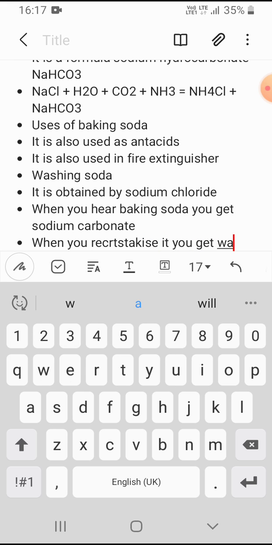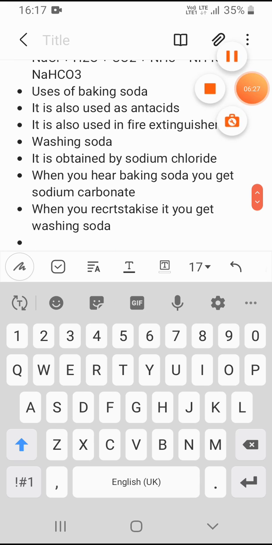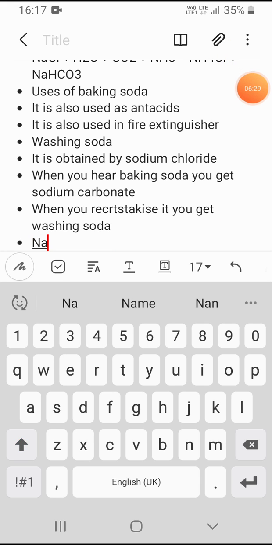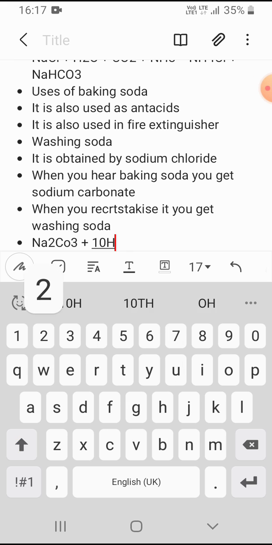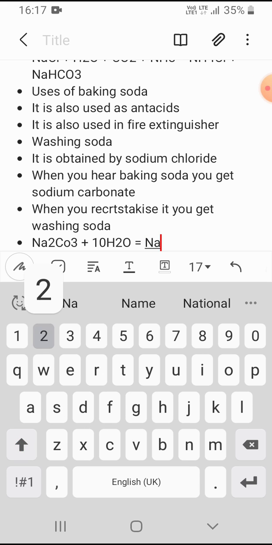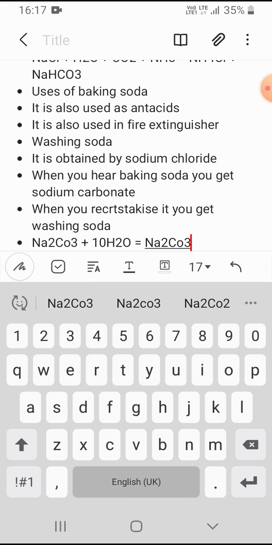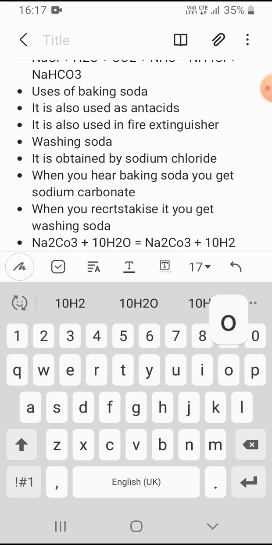The formula for sodium carbonate is Na2CO3, and washing soda is Na2CO3 plus 10 H2O.